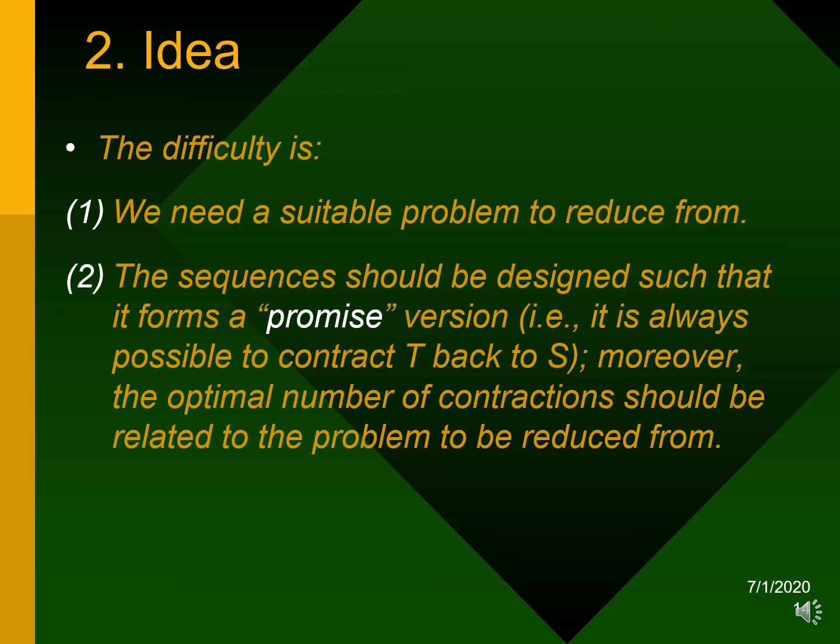So in other words, it is always possible to construct T from S. Moreover, the optimal number of contractions should be related to the problem that we are reducing from.